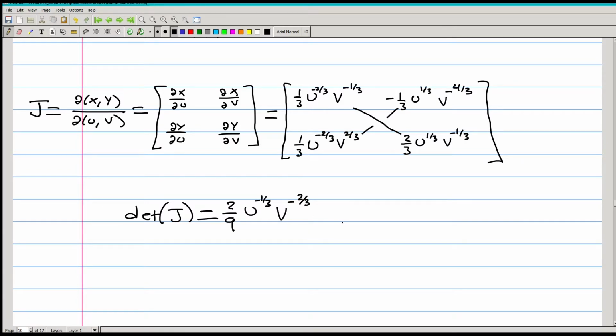And then lastly, this is going to be subtracting this times this, which will be -1/9. Then u to the -2/3 times u to the 1/3 is going to give us u to the -1/3. And v to the 2/3 times v to the -4/3 is going to give us v to the -2/3.